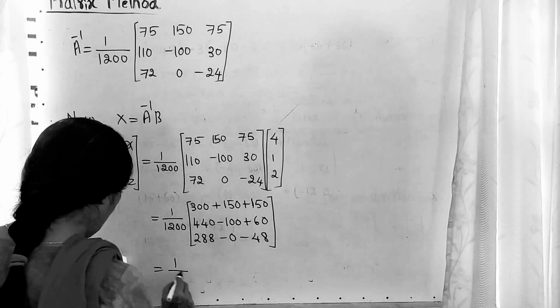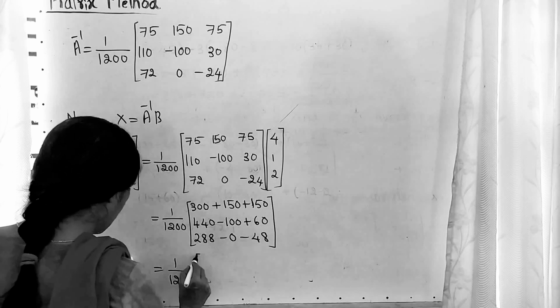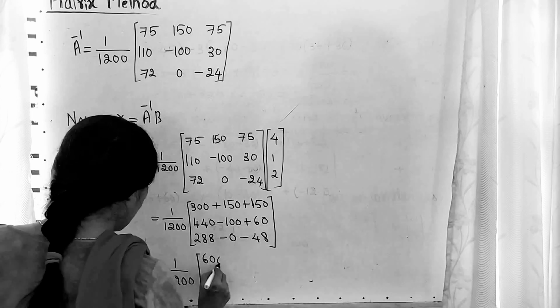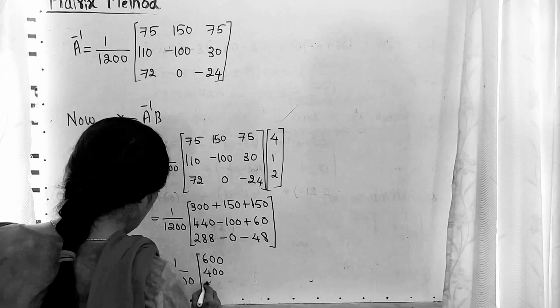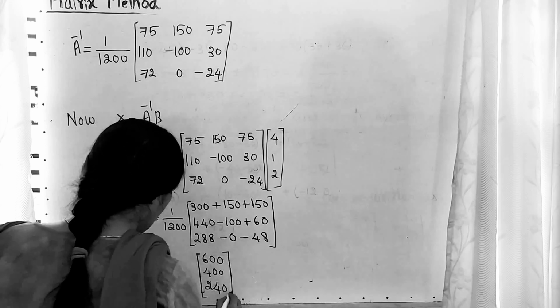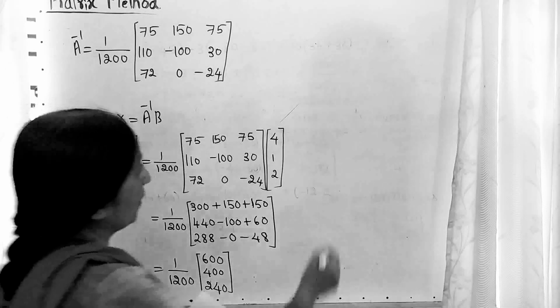So it is 1 by 1200 into 600, 400, 240. Now each number is multiplied with 1 by 1200.